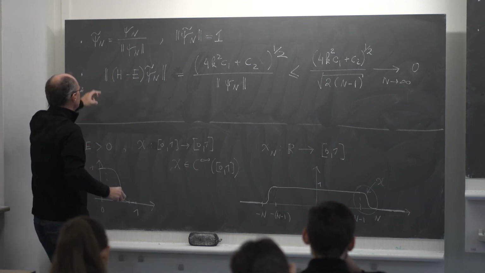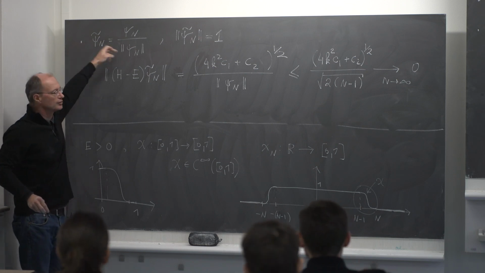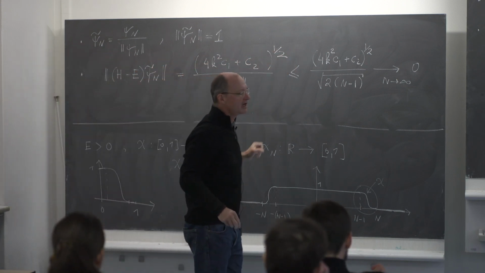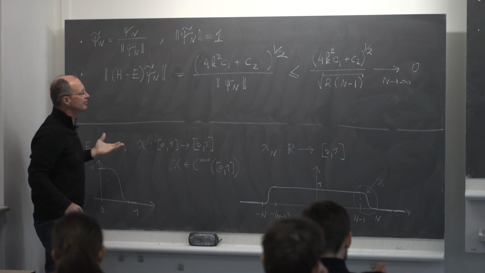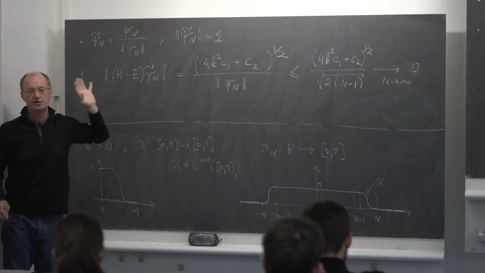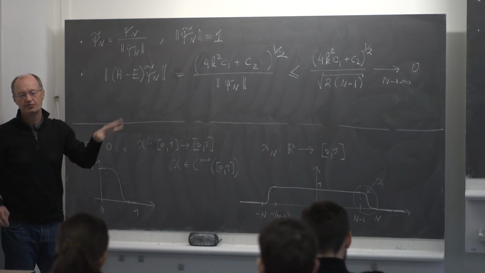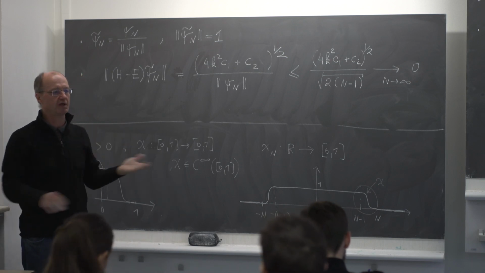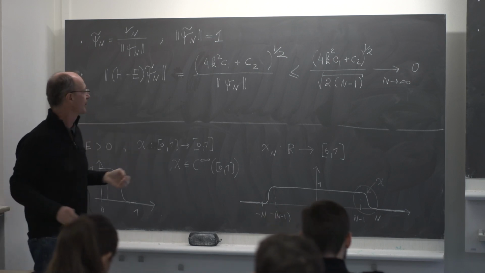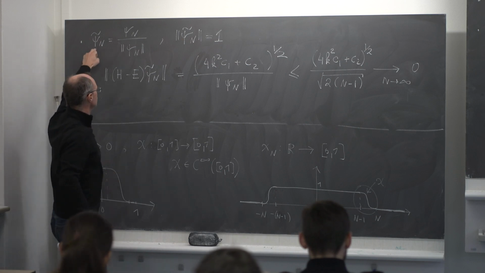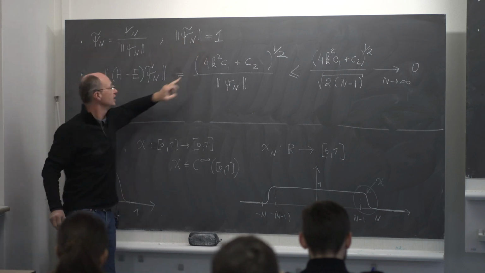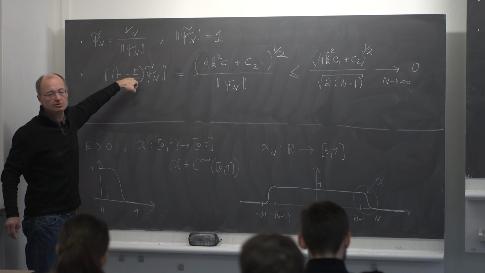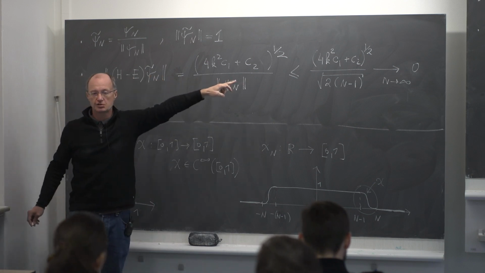So we actually constructed, out of this exponential e^{ikx}, a family of functions. Now all these functions are well in L2. They are very nice and smooth. They are in the domain of definition of everything. And so those functions all have norm 1, and H minus E on those functions tends to 0.